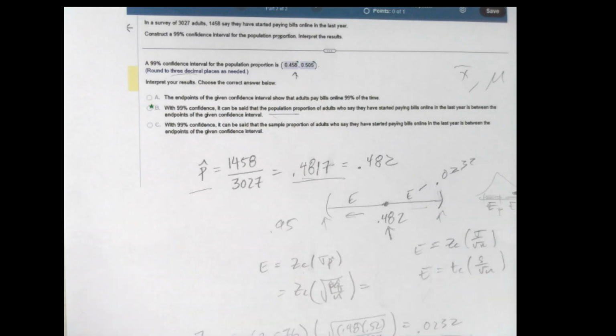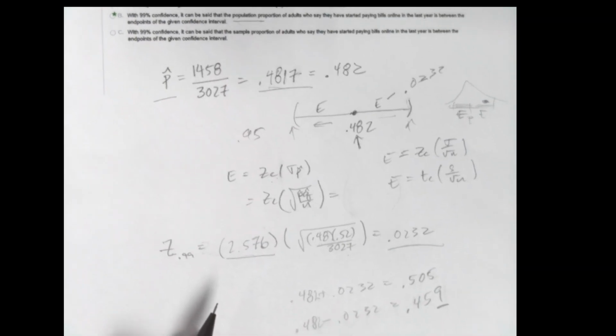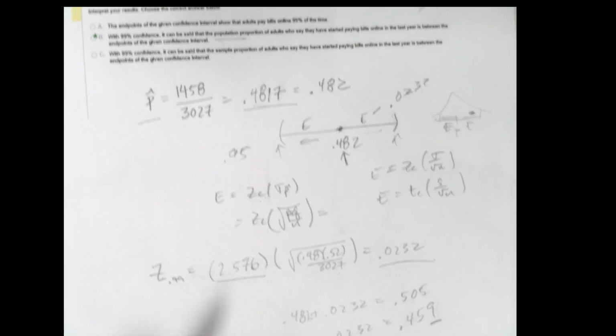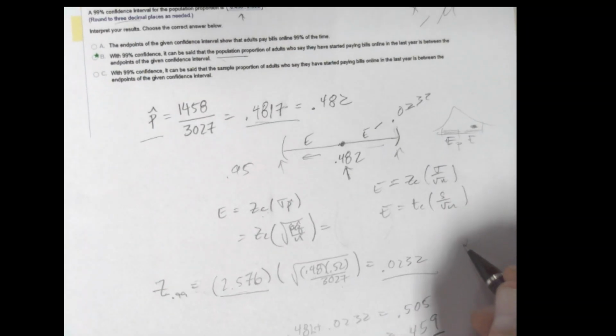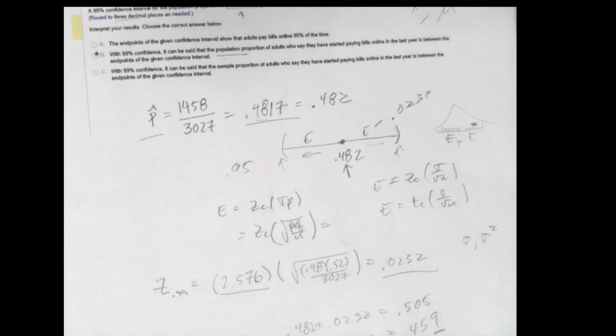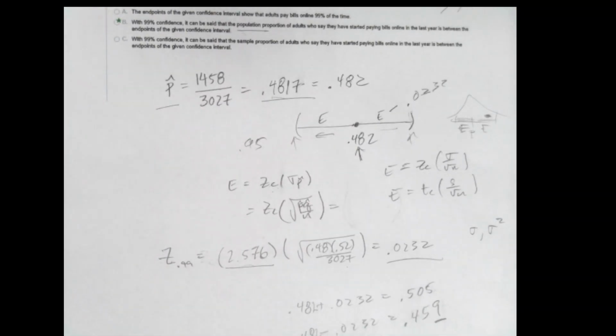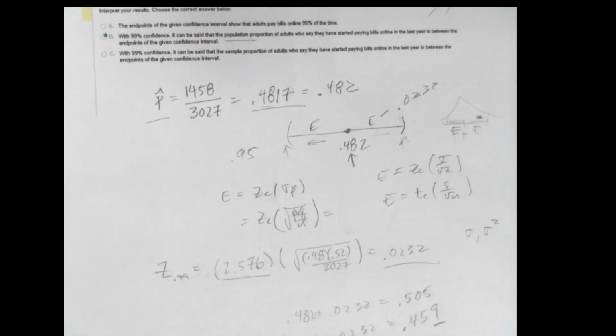And you add these E's on either side, and that gives you your answer. For the last case, where you're looking at the standard deviation or variance, it's just that formula. I did one of those in class, and I think that exact problem is on the test.